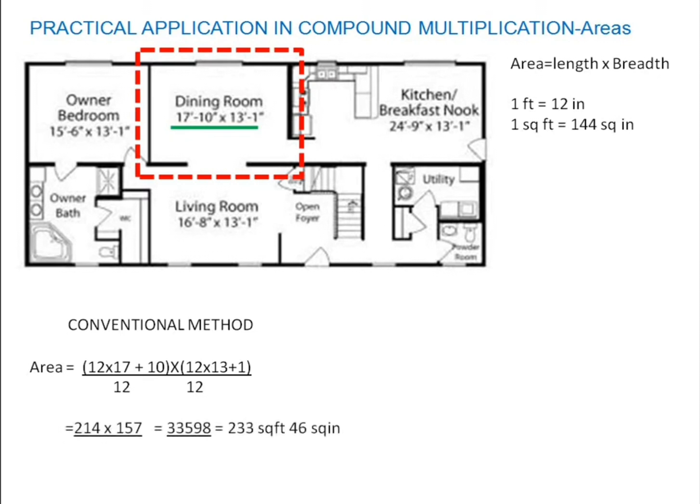So here we multiply 17 by 12, converting into inches, and 13 by 12, and then divide everything by 12 into 12, making square inches back into square feet. We get 233 square feet, and the remaining decimal part from this division comes as 46 square inches.